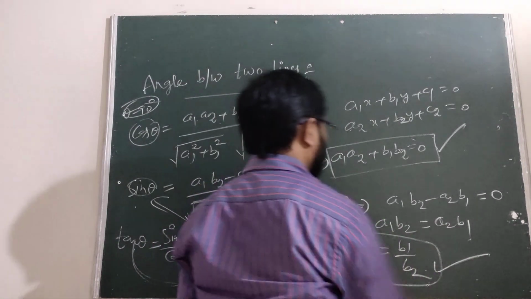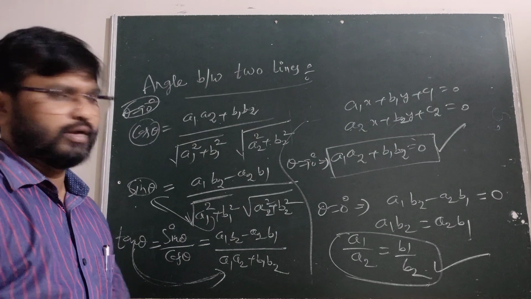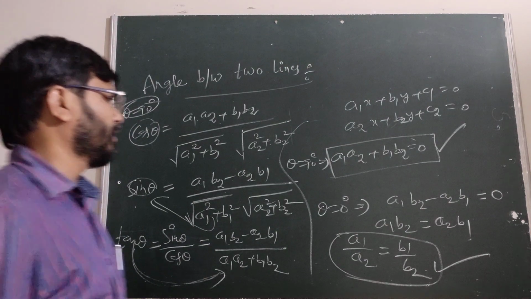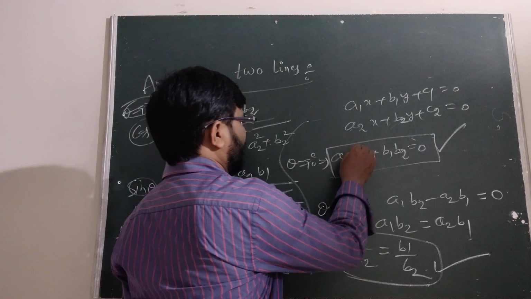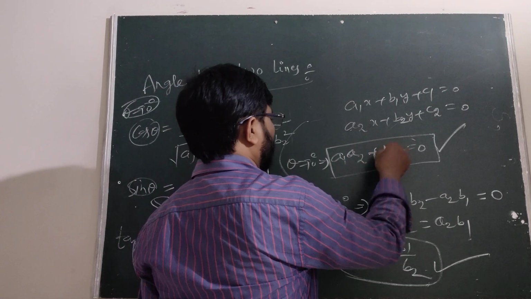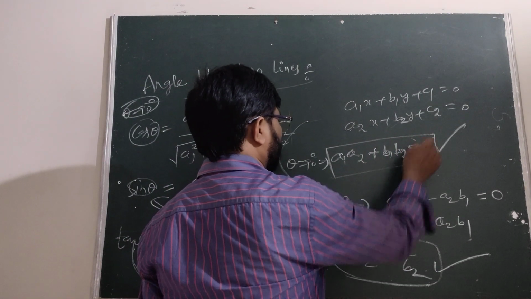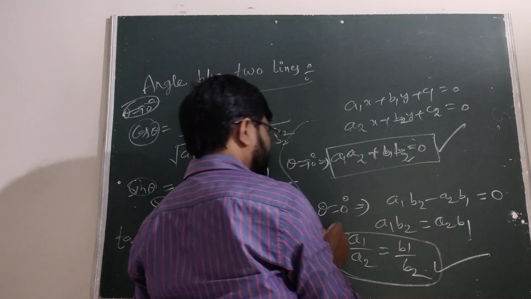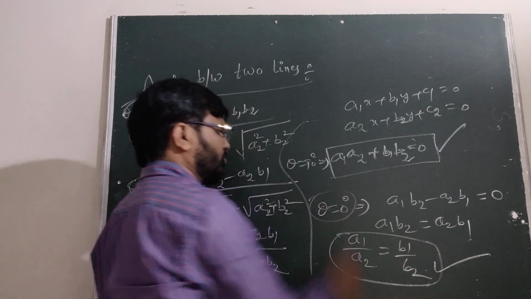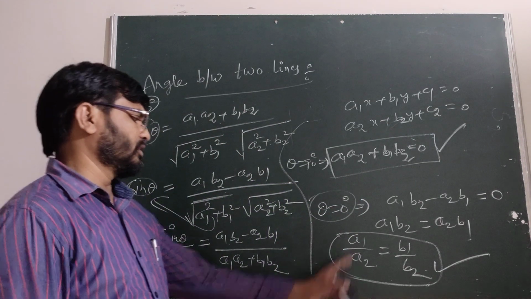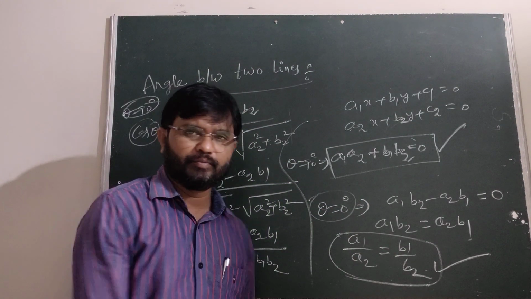This is the form. When the lines are perpendicular, we can write a1 a2 plus b1 b2 equal to 0. When the lines are parallel, that means theta equal to 0 degrees, then it is a1 by a2 equal to b1 by b2.